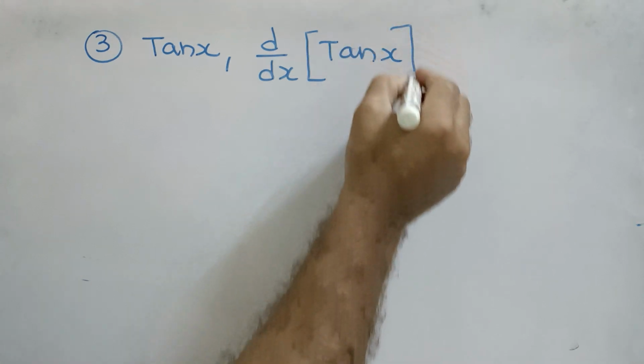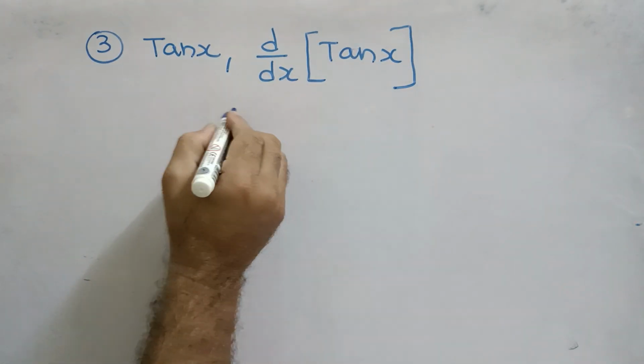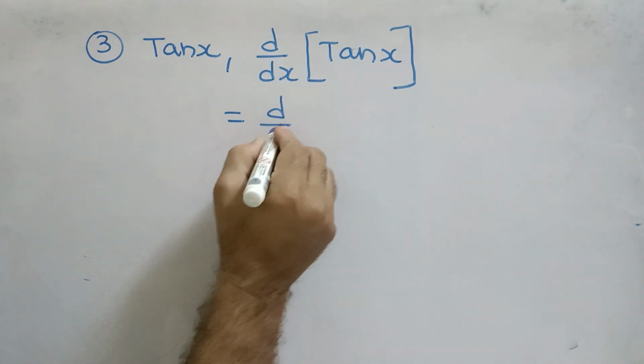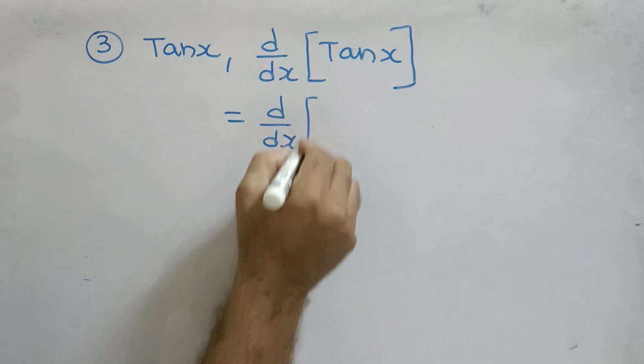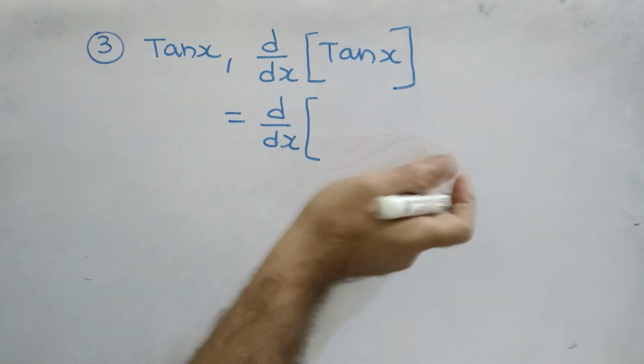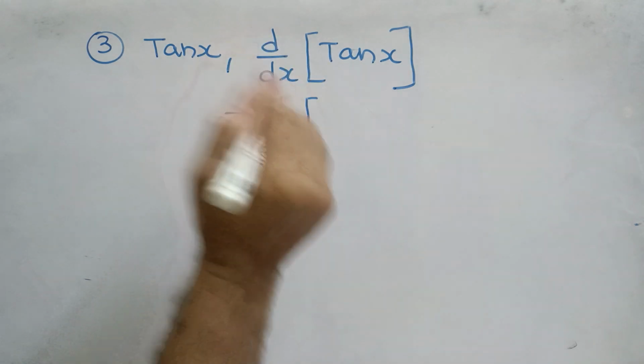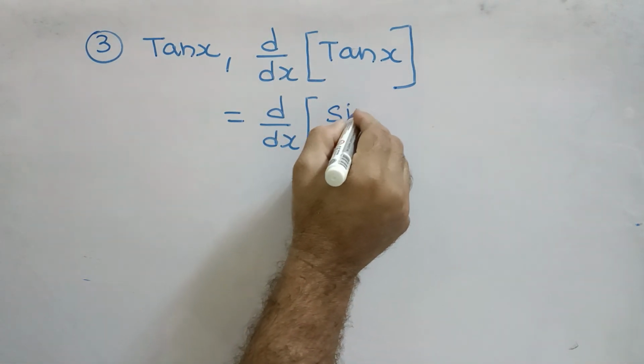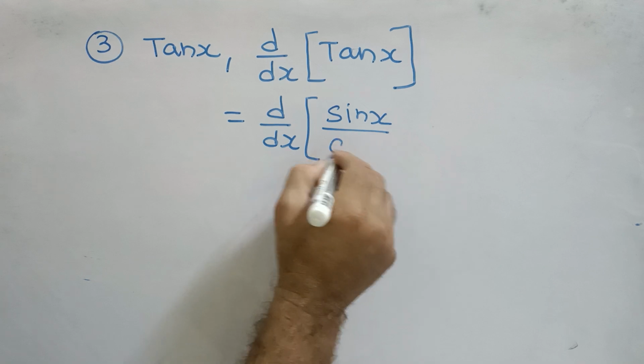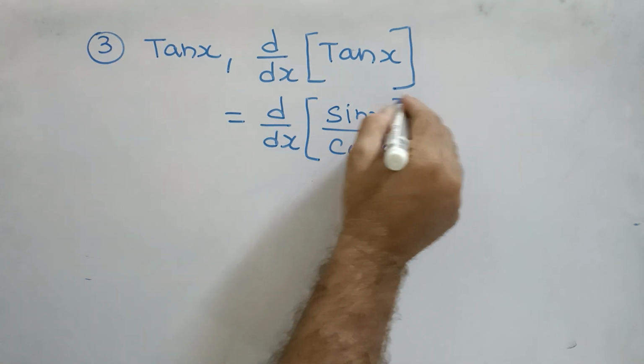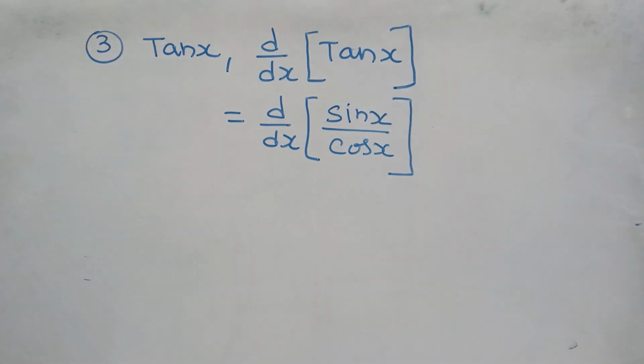What is the tan x definition? I just explained that. What is tan x? It is sin x by cos x. You can write sin x by cos x. This I have already explained in the previous presentation.